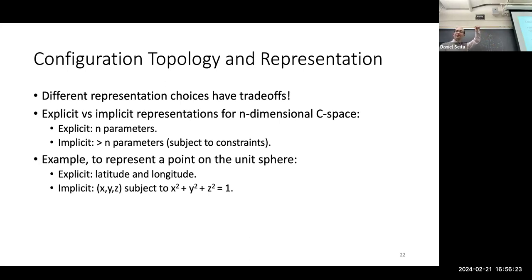If the robot is taking very small steps around the North Pole, then the longitude is changing a lot. If you're looking at the Earth's equator, then you can go along this direction, but it takes you a very long time.